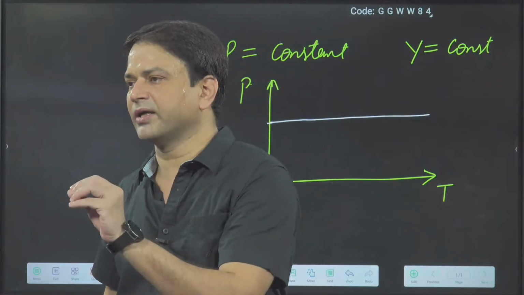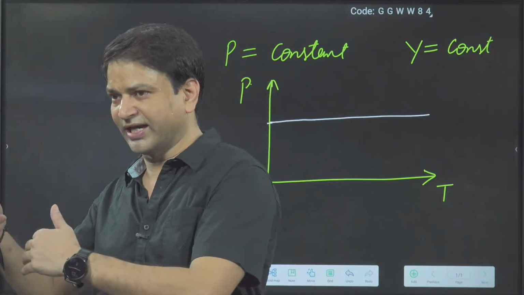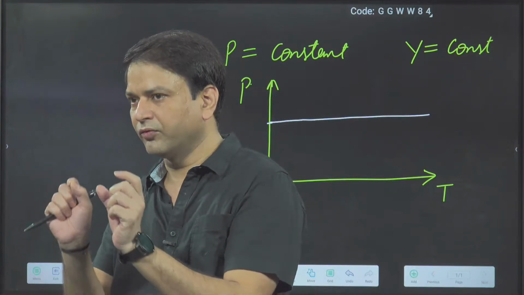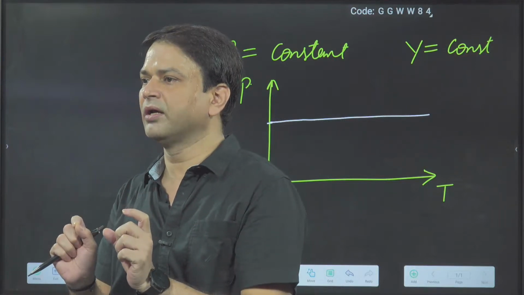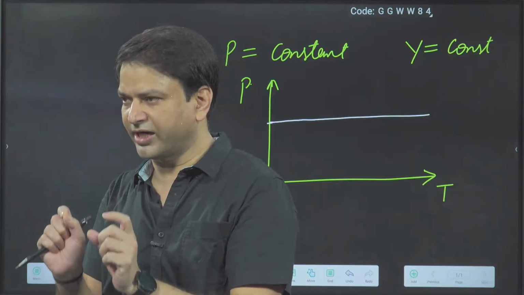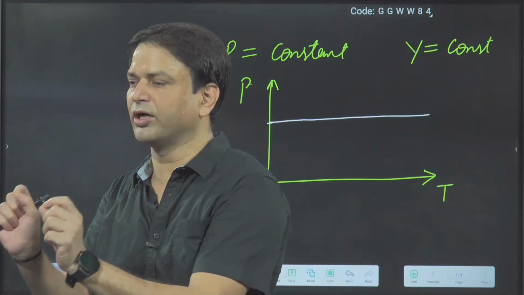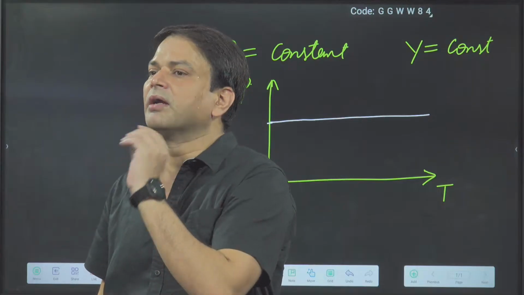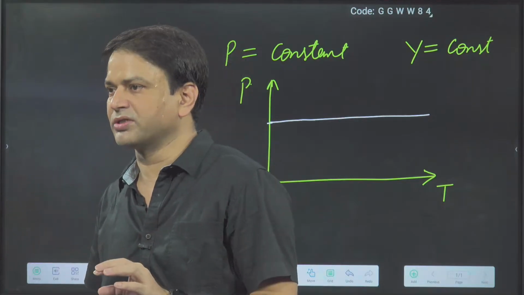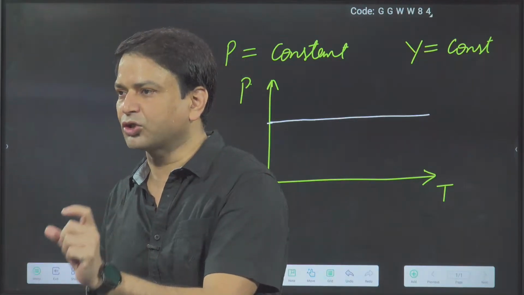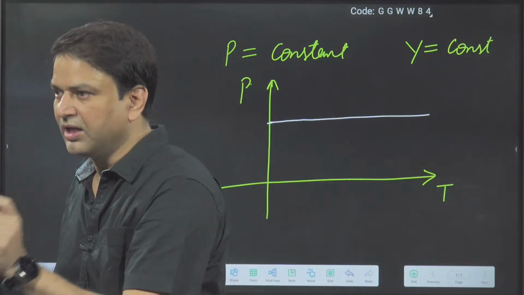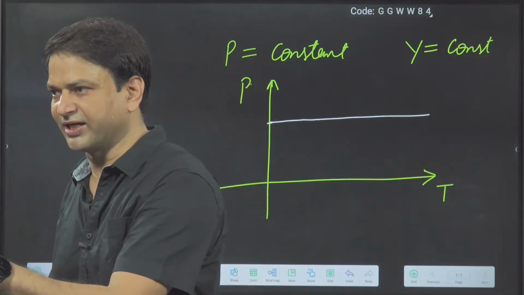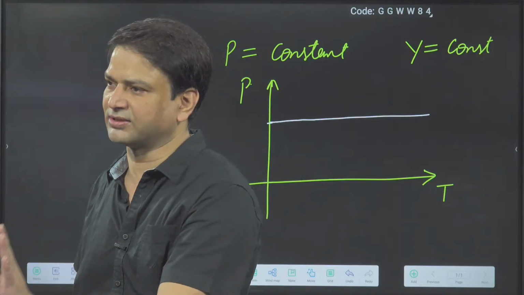Now remember one thing: directly from the statement you can decide which quantity is constant. Which quantity is constant, the graph will be a straight line perpendicular to its axis. I repeat again, you can mark this statement. Which quantity is constant, the graph will be a straight line perpendicular to its axis.